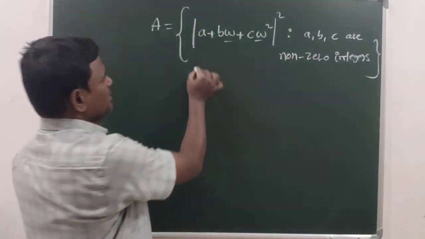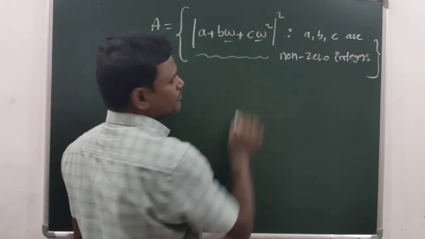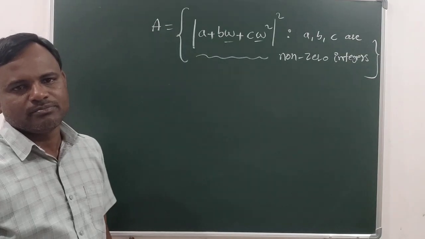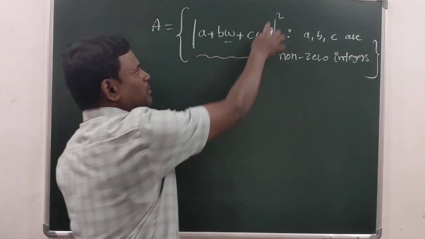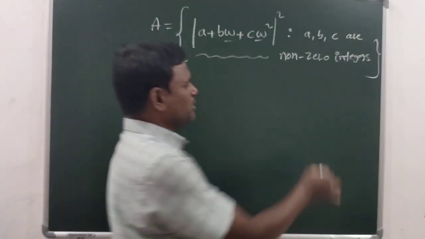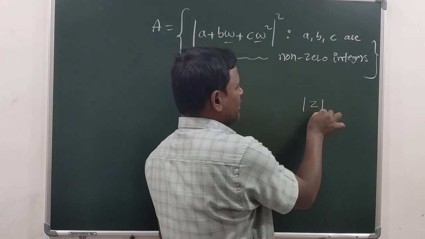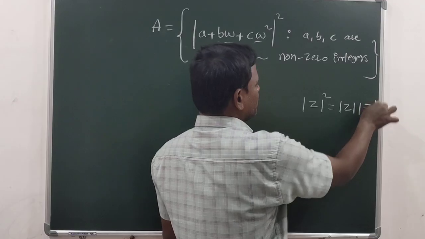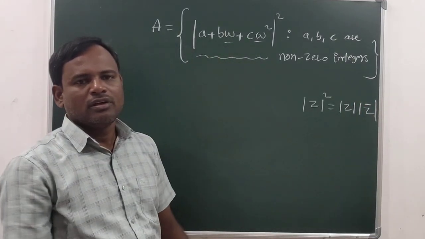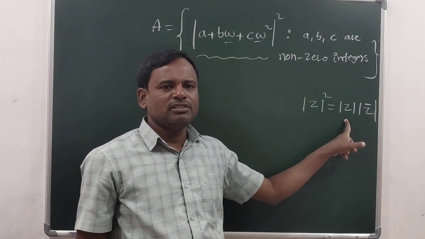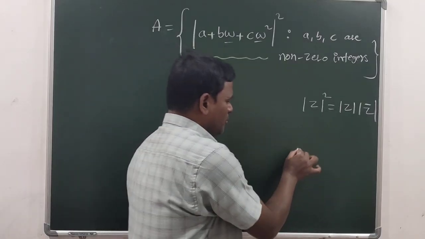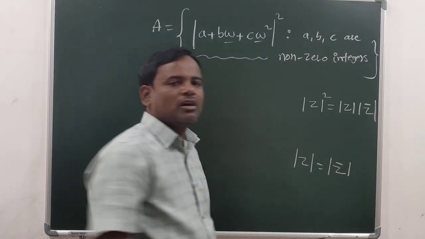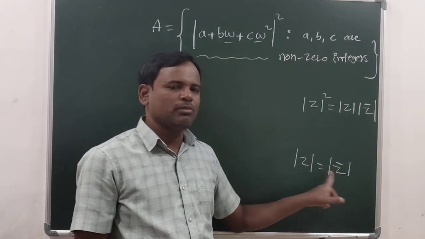See this expression, students. The mod of the whole thing squared is given, the magnitude of this complex number squared. You know that mod z square can be written as mod z into mod z bar, because the mod of z and the mod of its conjugate are equal.